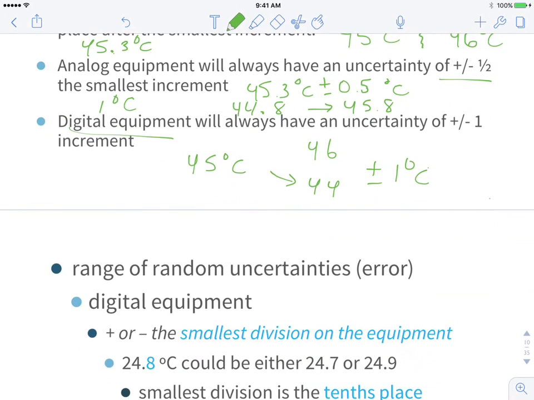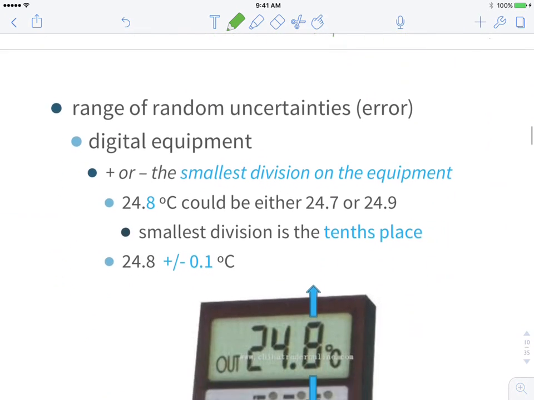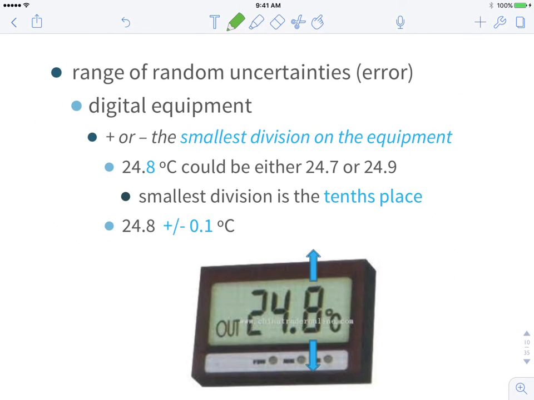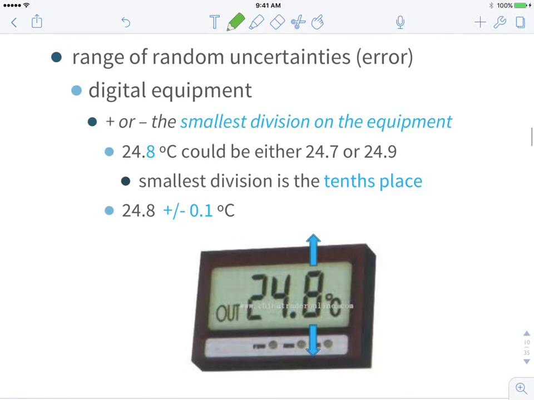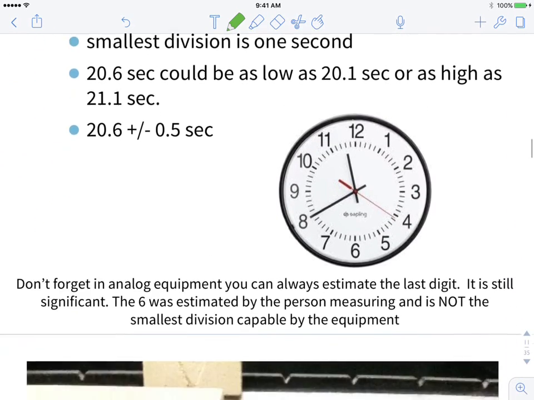Now, when I have a certain range of uncertainty, I have to take this into account. So these next slides here, they show you different examples. So here with this, I have my thermometer again, and now it records to the tenths place. And so my equipment could be plus or minus that smallest increment, so that's plus or minus 0.1. Here's another analog example.